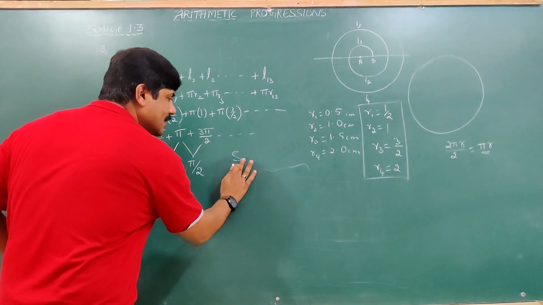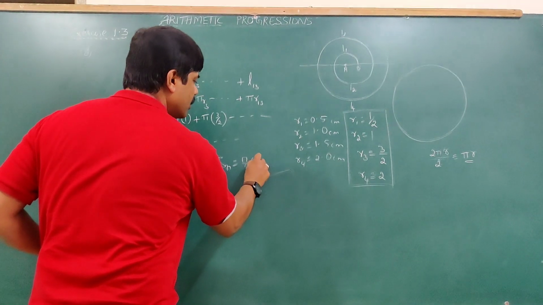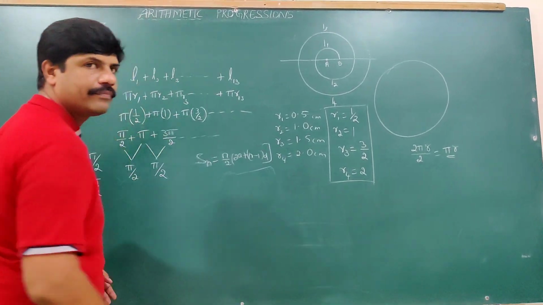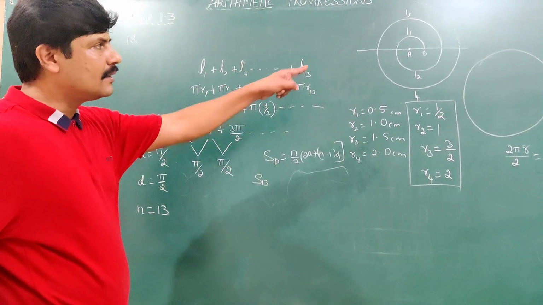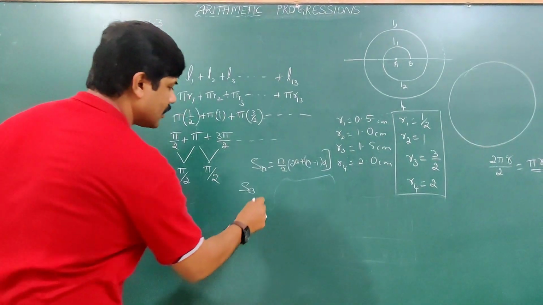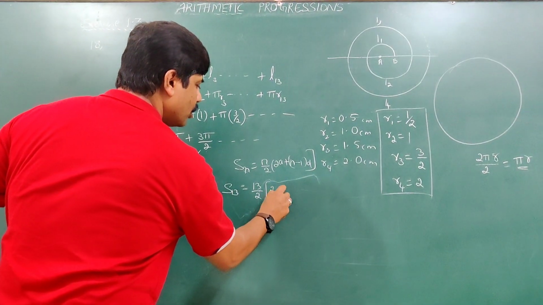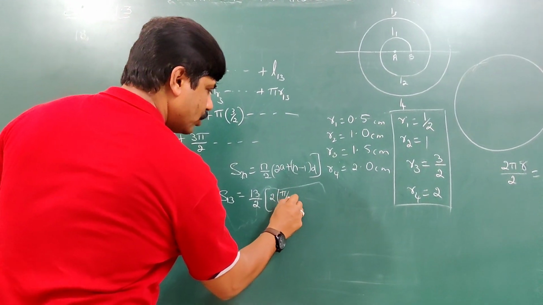Here n is nothing but 13. So first I am writing the formula. Sn equals n by 2 into 2a plus n minus 1 into d. What is n? 13 semicircles are there. So Sn equals 13 by 2. What is a? a is nothing but pi by 2.